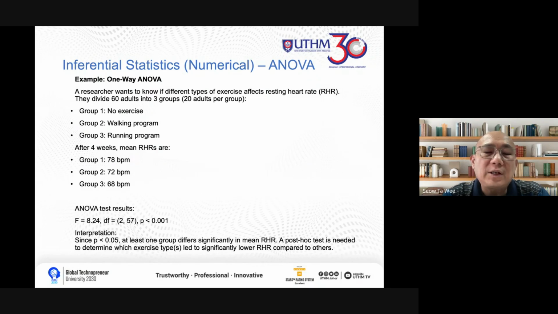Interpretation: since the p value, the significance value, is less than 0.05, at least one group differs significantly in mean RHR. A post-hoc test is needed to determine which exercise types lead to significantly lower RHR compared to others. So it guides us to look at the differences between group 1, group 2, or group 3.